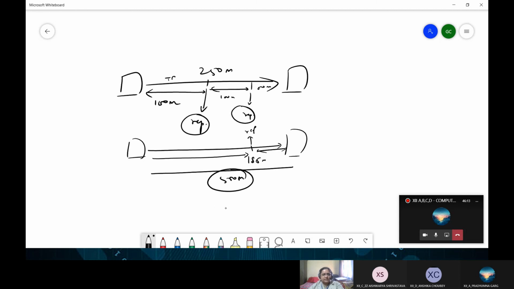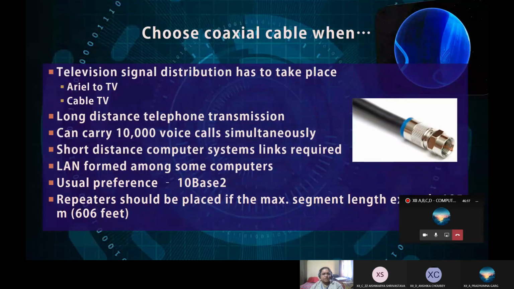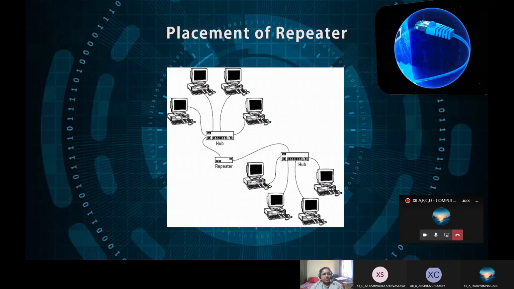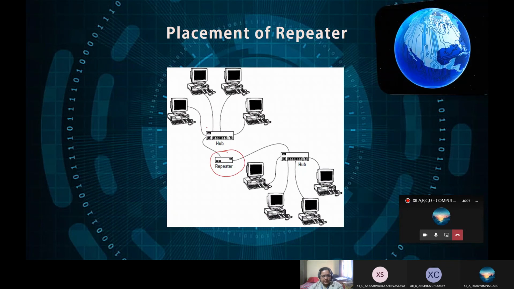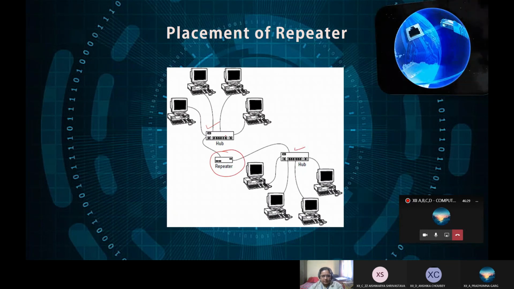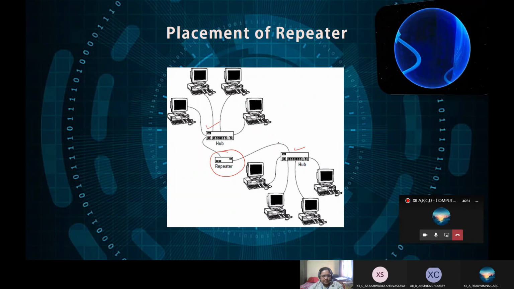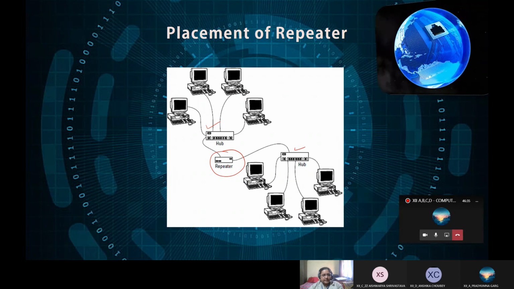Fine. So this is how we have to think about which cable has to be used. Placement of repeater is usually like this. Please look here. This is the repeater, and this could be a hub or a switch. So between two switches, one repeater could be there if the segment length is more.